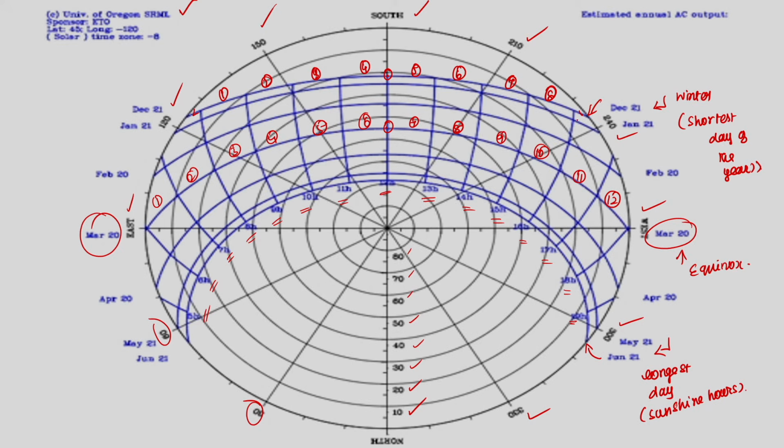And then if you see on June 21st, this is 1, 2, 3, 4, 5, 6, 7, right. And then 8, 9, 10, 11, 12, 13, 14 and then around 15 hours of daytime. Right. So, with this sun path diagram one can get all this information.